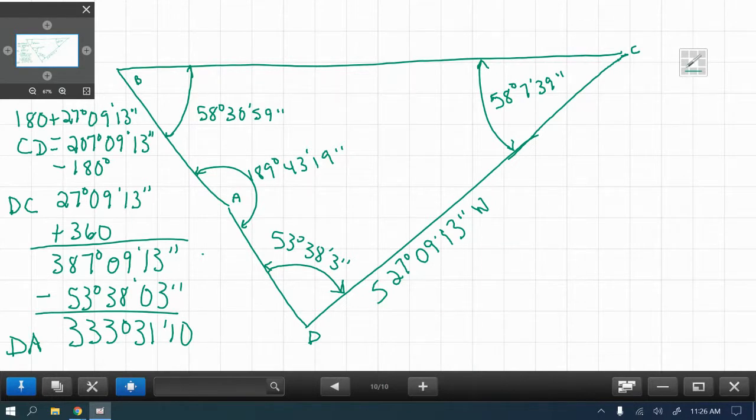And these are the ones that, if you're given, so that's actually in quadrant 4, because it's 333 degrees, 31 minutes, 10 seconds. So if I wanted the bearing on that line, I'm going to take 360 minus that.